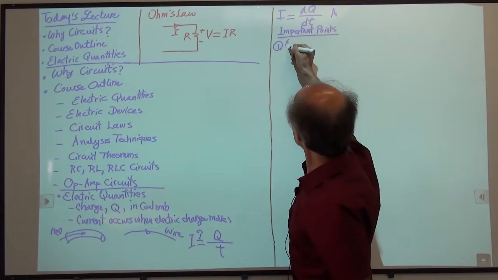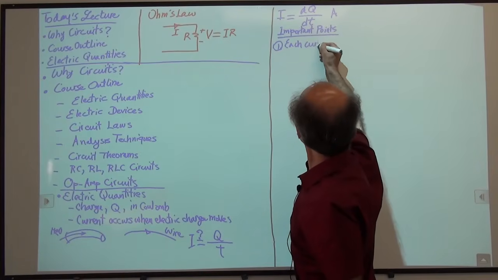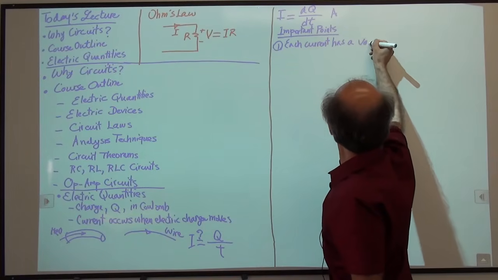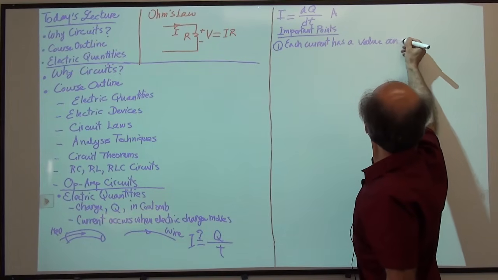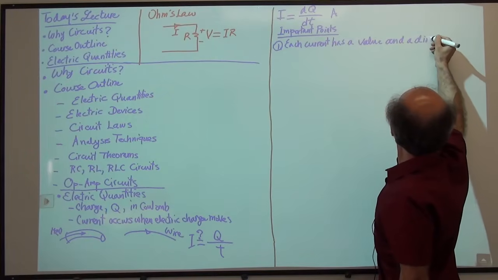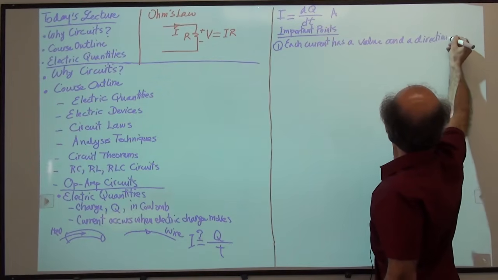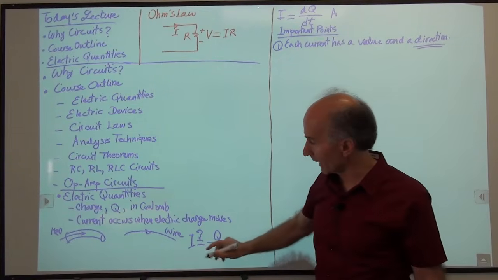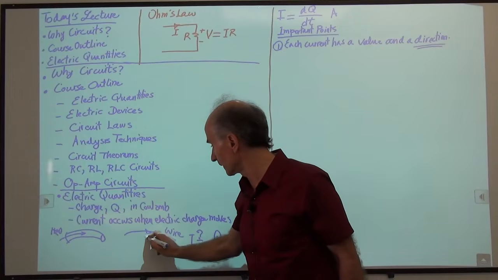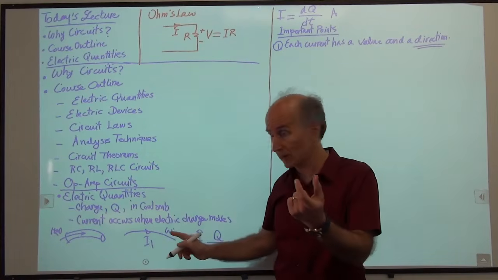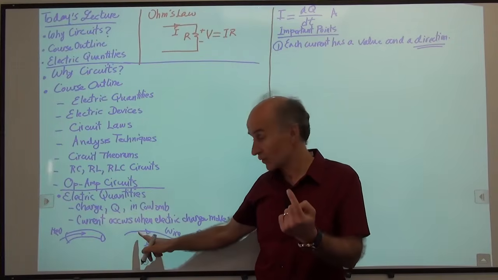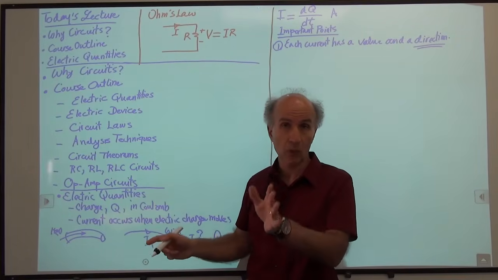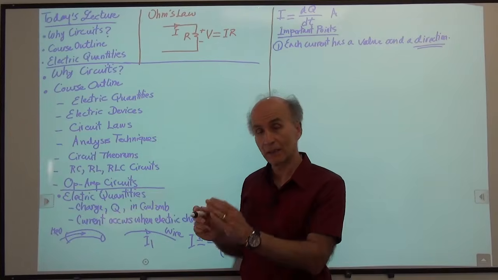We say each current has a value and a direction. So we must not forget the direction of the current. So for example, we say this current is equal to I1. That means that the value of the current is I1 amperes, and the direction of the current is this way. Or you could put the arrow the other way. It's up to you, but we have to always use an arrow to indicate the direction of the current.